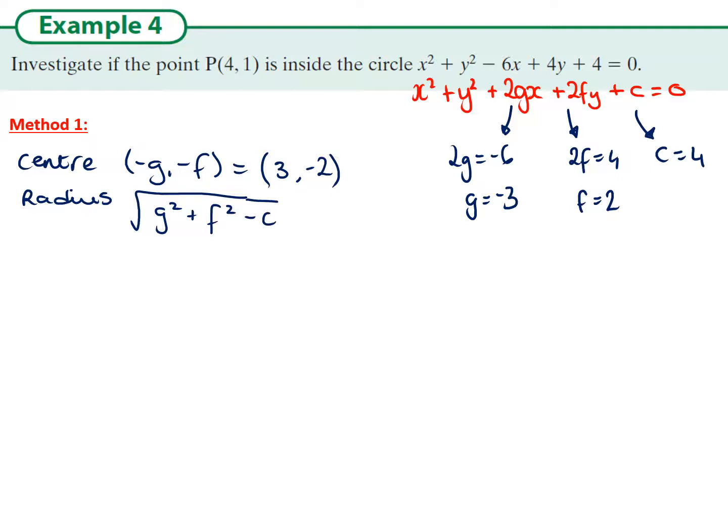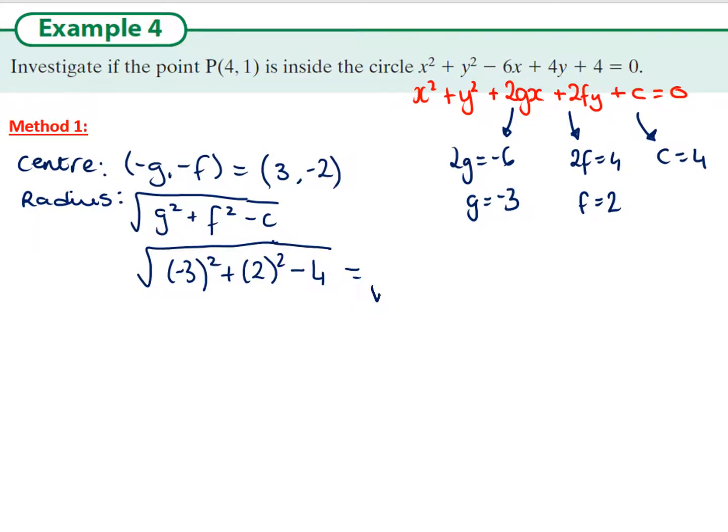I'm filling that in. Square root of (-3) squared plus 2 squared minus 4, which is equal to the square root of 9 plus 4 minus 4, which is the square root of 9, which is 3. So I now know the center is (3, -2).